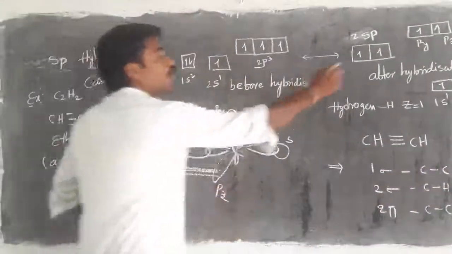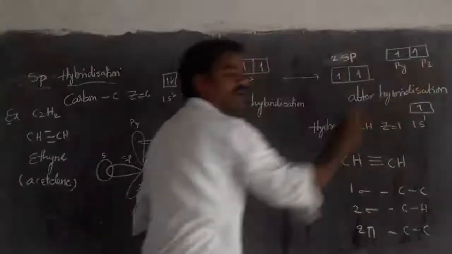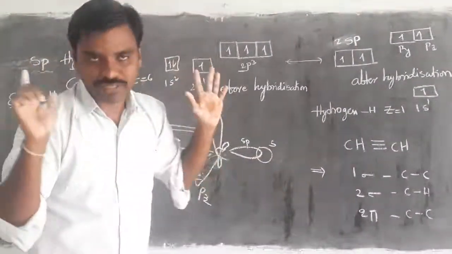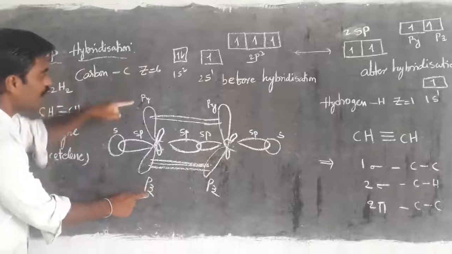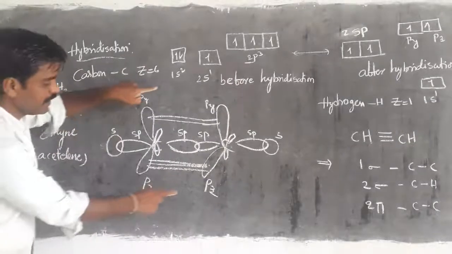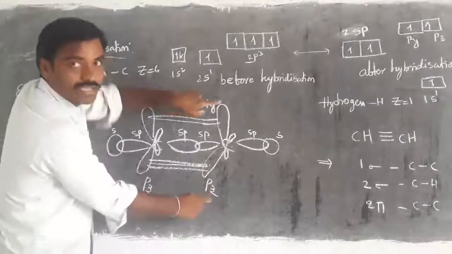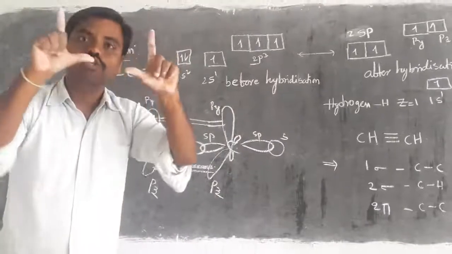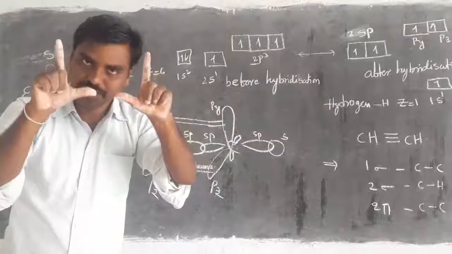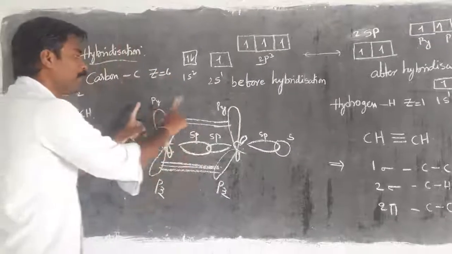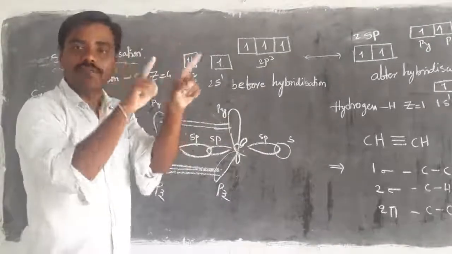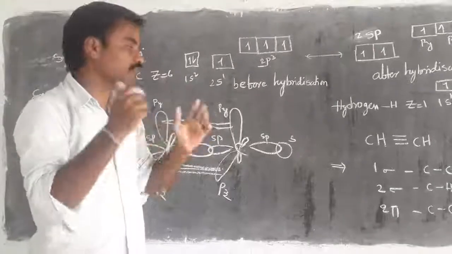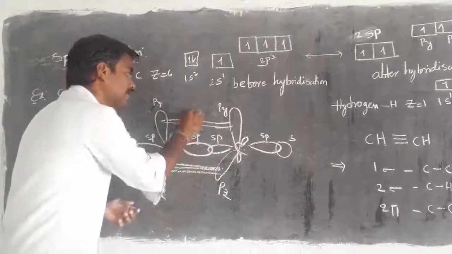The remaining two unhybridized orbitals, the orbitals which did not participate in the hybridization process, are pz and py. Here also pz, py. The two py orbitals are parallel, and the two pz orbitals are parallel. Right, children? When the py orbitals are parallel, they attract laterally, and that lateral attraction gives a pi bond.